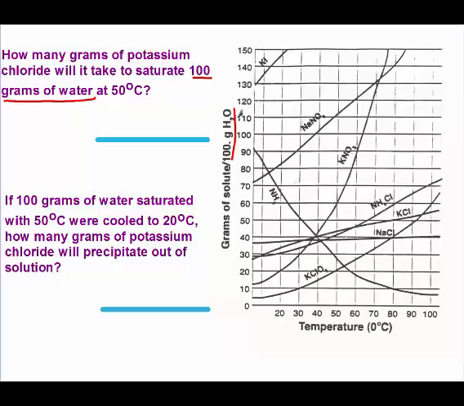So since these are both 100 grams, I can ignore that, and I'm just looking at 50 degrees, how much potassium chloride will dissolve. So you follow it up until you reach potassium chloride. And so that would be around 44 grams.